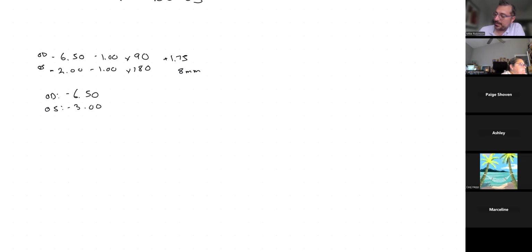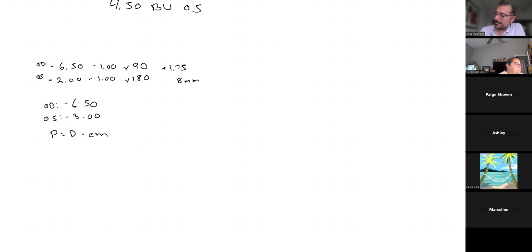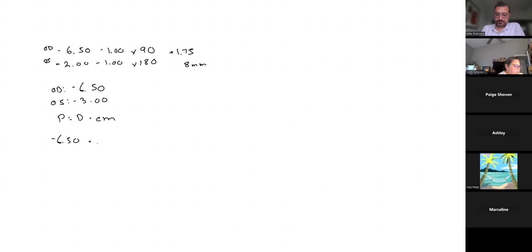So again, using this formula, for the right eye, minus 6.50 times 0.8, which gives us 5.20.